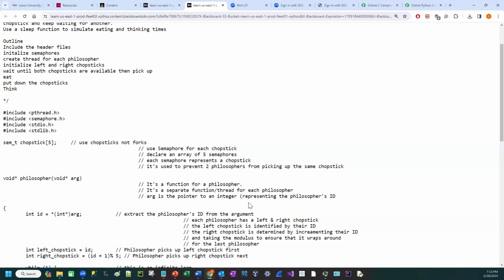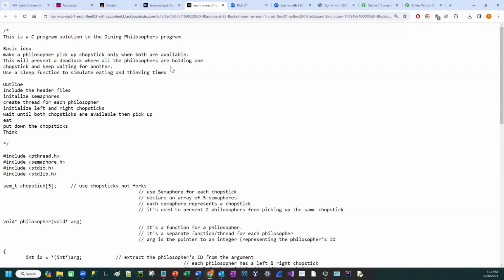The main goal is for you to see that we can use semaphores, but we are going to allow the philosopher to pick up both chopsticks only if they're available. If only one is available, we're not going to pick it up.